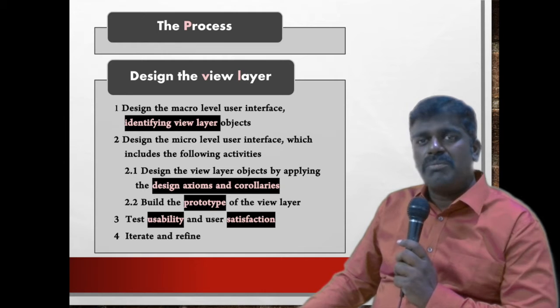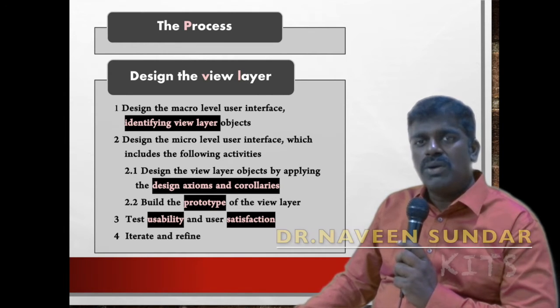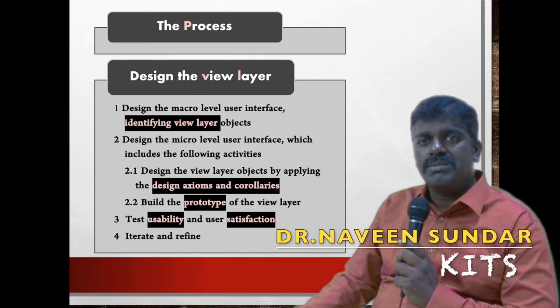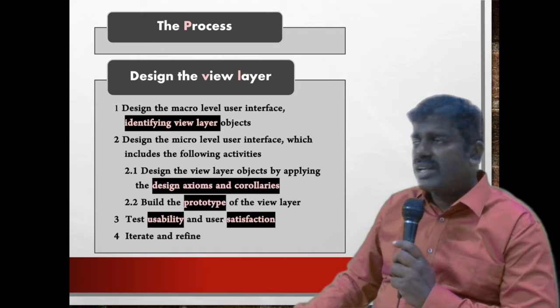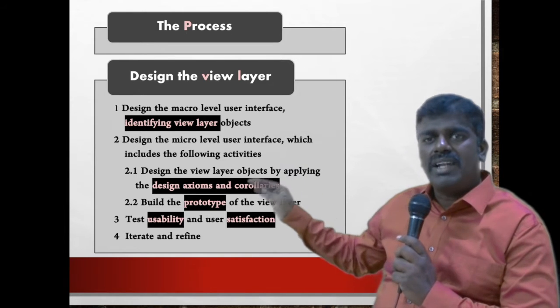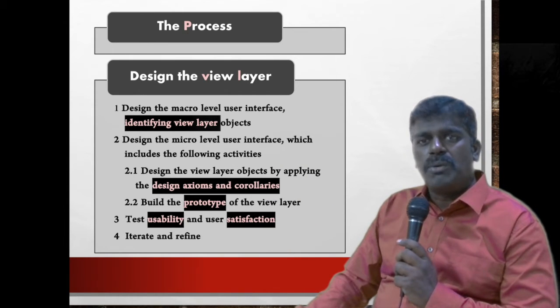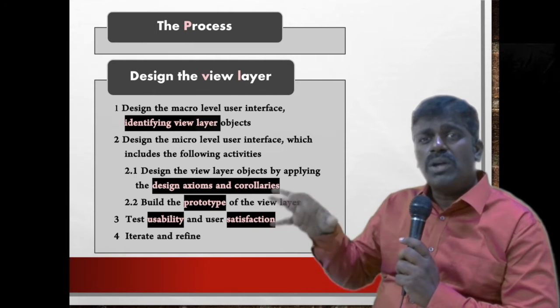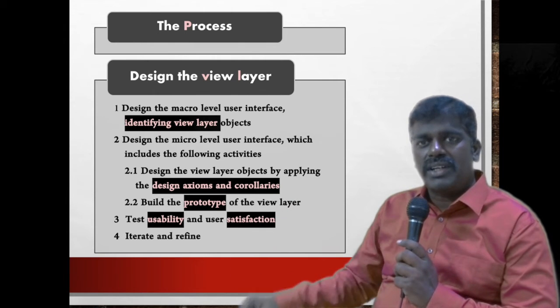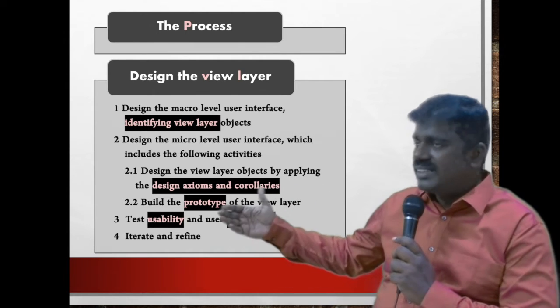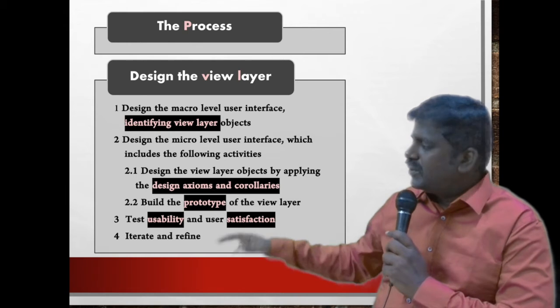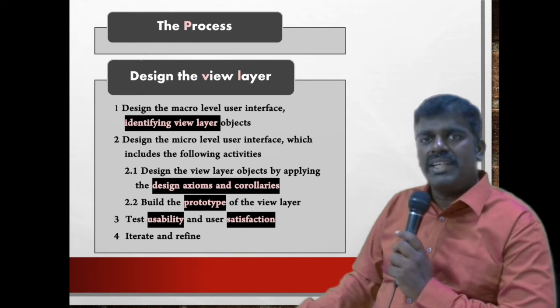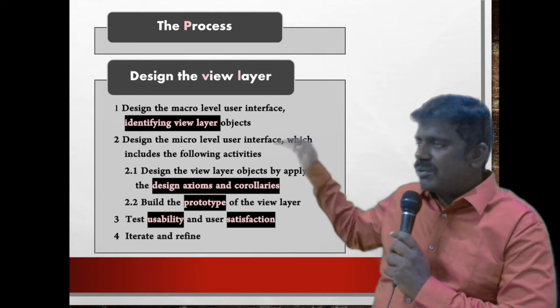If you subscribe and learn about the different types of axioms and corollaries, you will know very clearly that there are two axioms and six corollaries. In this lecture I'm just going to tell you how we apply the particular corollary in designing the view layer. That alone we are going to see here. That is the first part in the micro development.